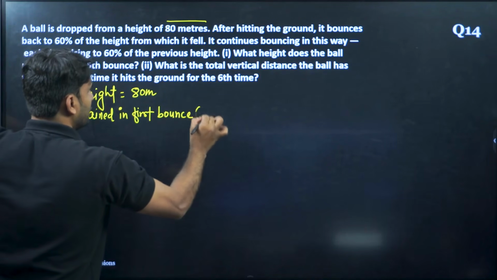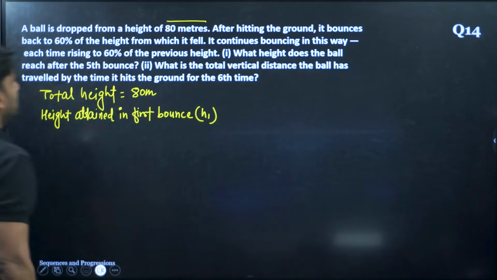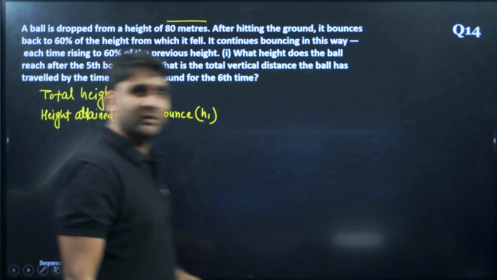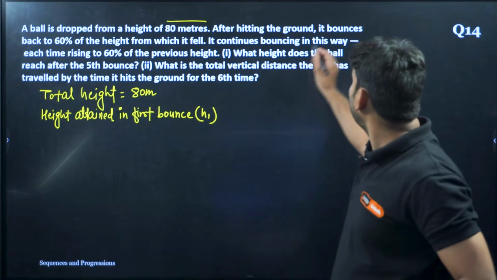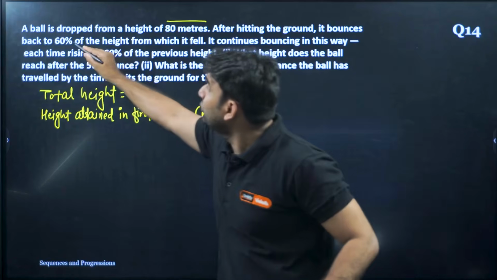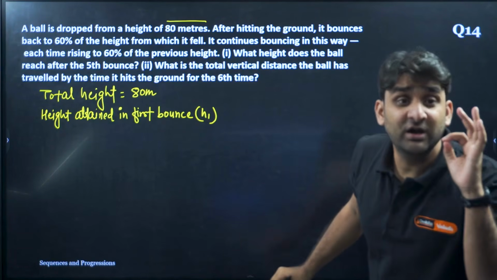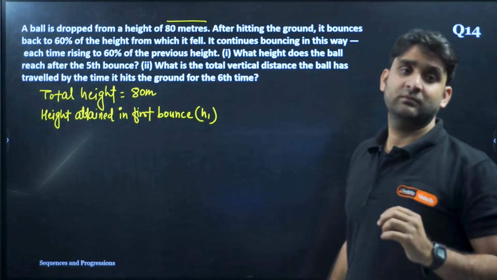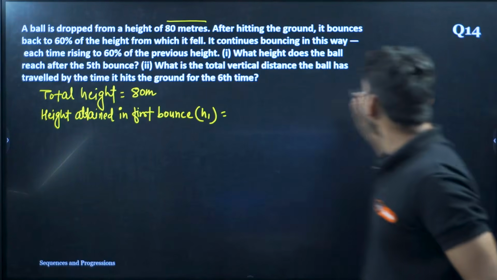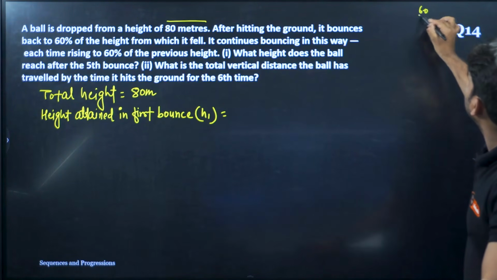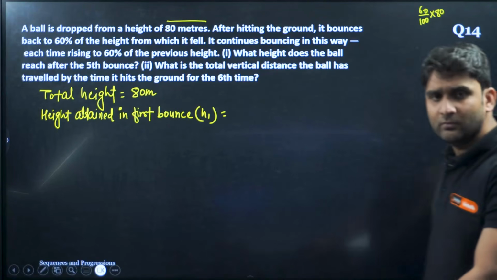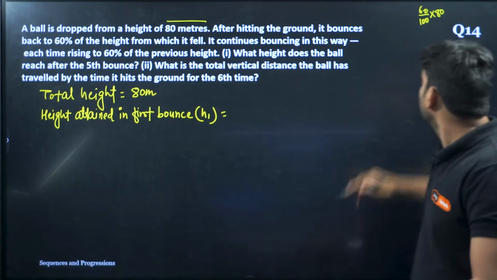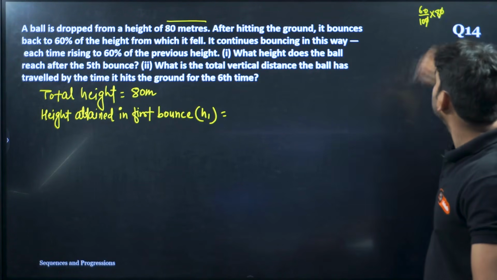First bounce. So let's say I'm calling this H1. Height attained in first bounce. How much height? It bounces back to 60% of the height from which it fell. What is 60%, guys? 60 divided by 100 into 80. This 0 will cancel with this 0.